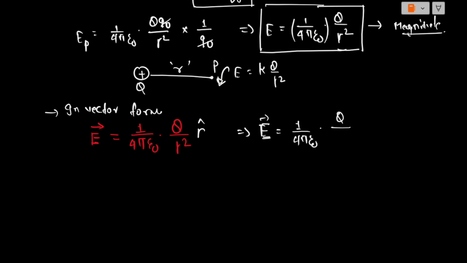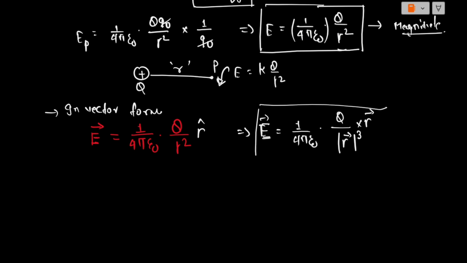If we multiply it by the r vector, then we have to divide by the r vector magnitude. Because r square into r would be r vector cubed, so basically its magnitude, and r into r cap would be equal to the r vector. So this is also a form of the electric field, right?